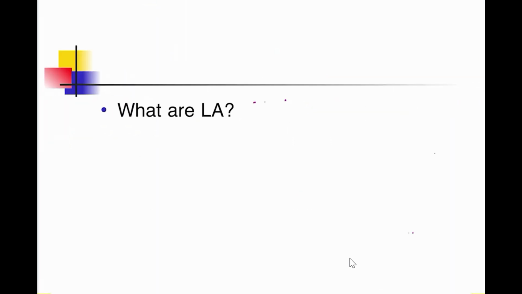So what are local anesthetics? They are the agents which are going to cause numbness, which are going to numb an area of the body.